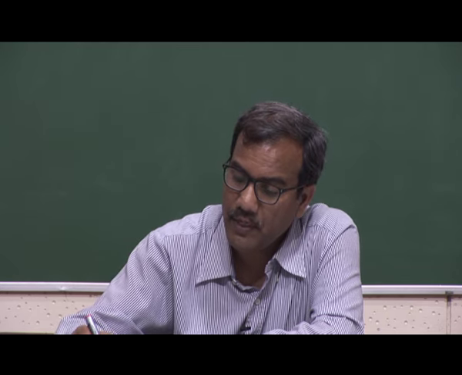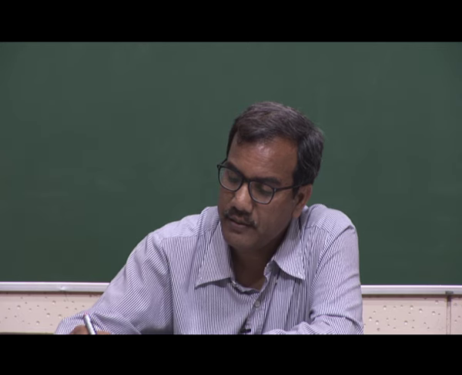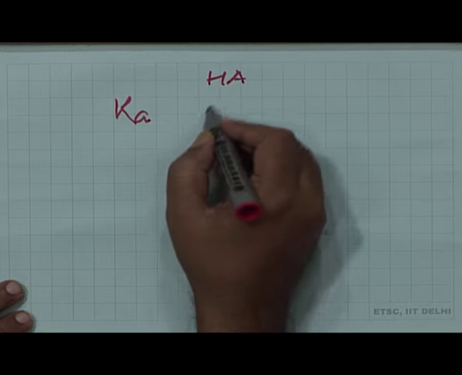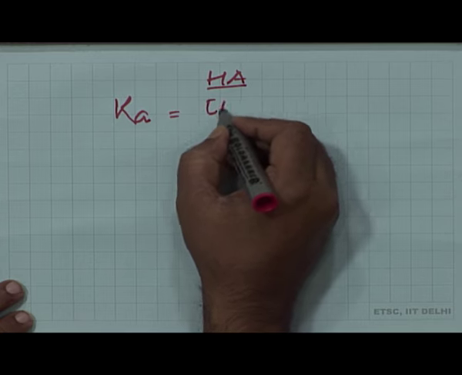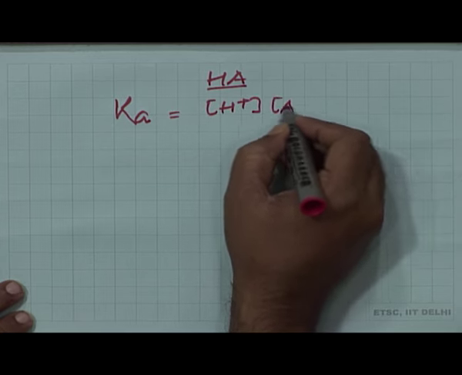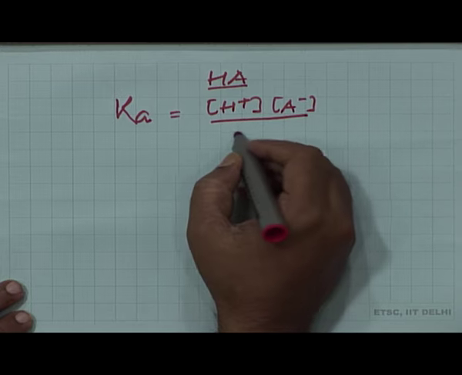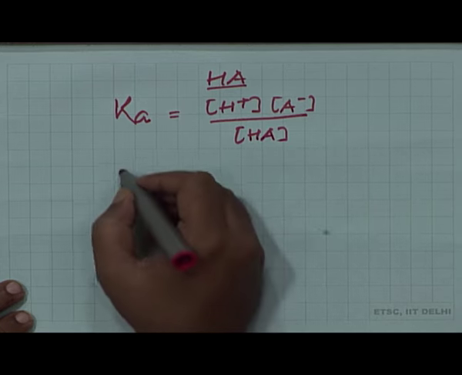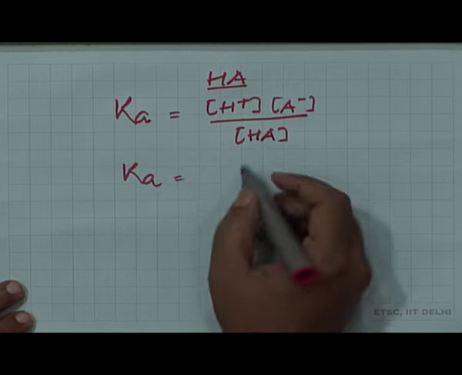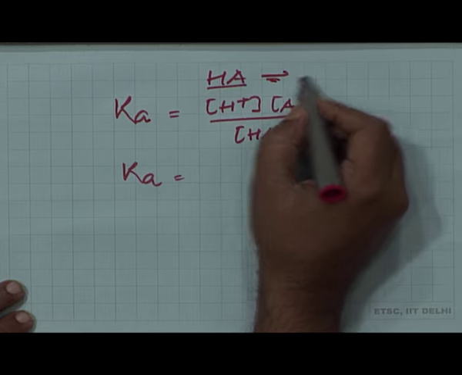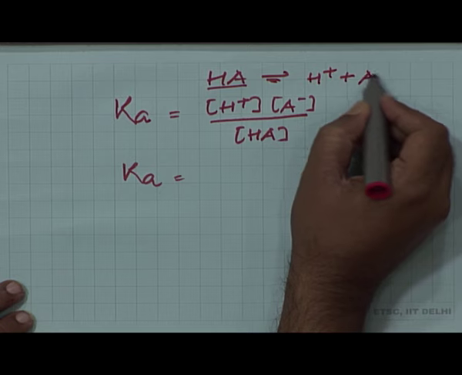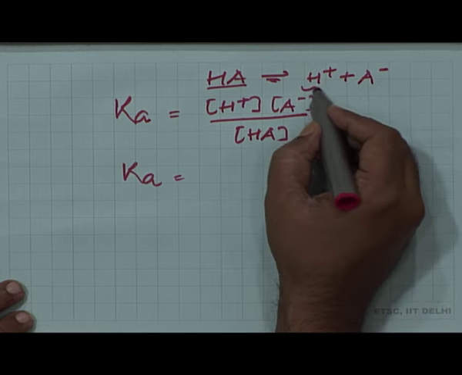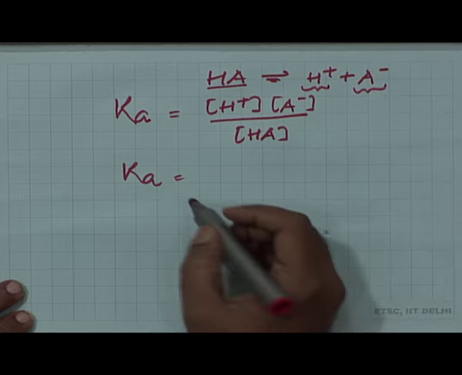The way we calculate H plus ion is, for an acid like HA, which is a weak acid, we can write Ka equals H plus ion into A minus divided by HA. Since HA dissociates into H plus plus A minus, the concentration of H plus is equal to concentration of A minus.